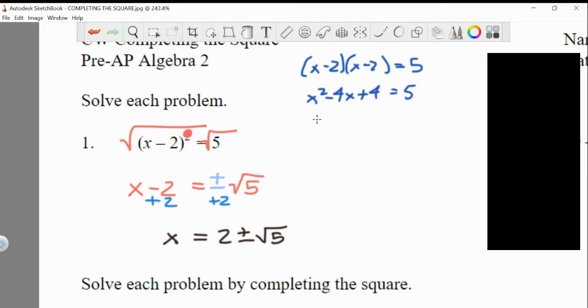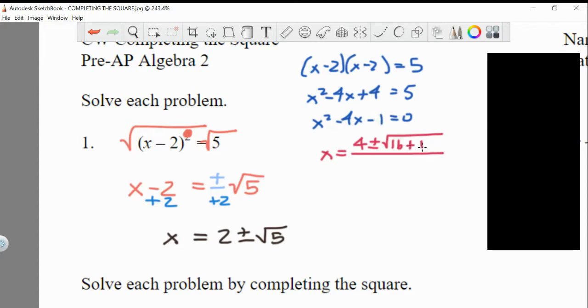If I subtract the 5 over here, I'm going to get x squared minus 4x minus 1 equals 0. If I do that, there's no way to factor this, so I need to do the quadratic formula. So I need it to be x equals negative b plus or minus the square root of b squared, which is 16, minus 4 times 1 times negative 1.